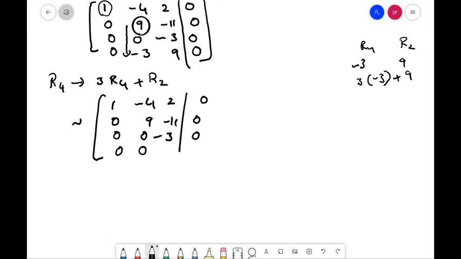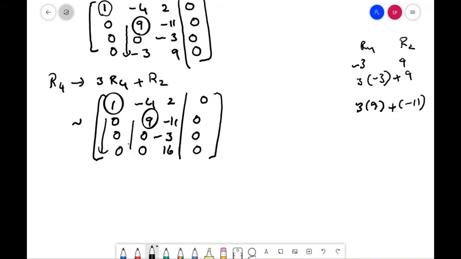And this will be 0, 0, then 3 times 9, plus R2 is minus 11, 27 minus 11 is 16, and then 0. So now this is a pivot and this is a pivot, and this column is 0.